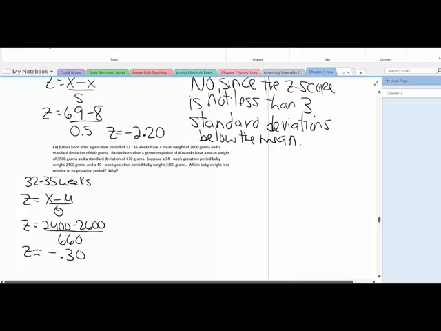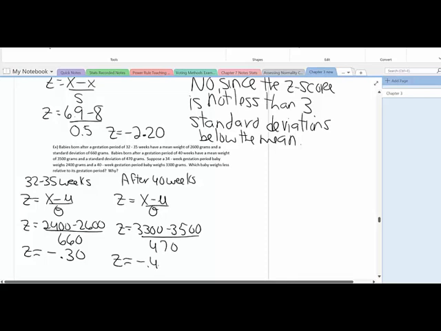Now let's do after 40 weeks. So again, z-score is the data value minus the mean divided by the standard deviation. So this time it's 3,300 minus the mean divided by the standard deviation. To 2 decimal places, that ends up being this.